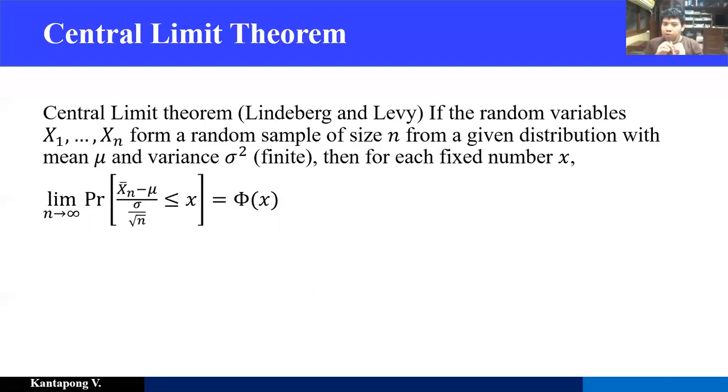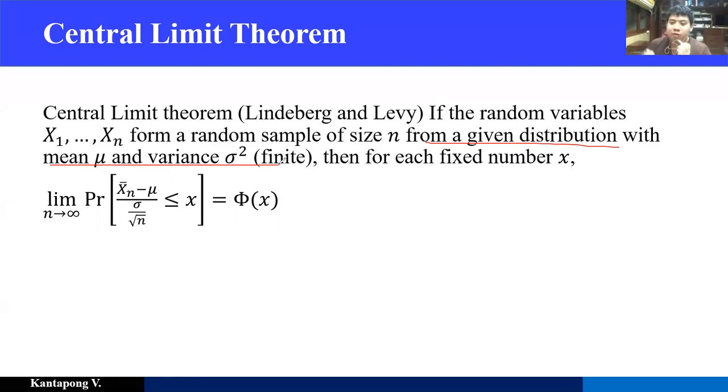If the random variables X1 up to Xn form a random sample of size n from a given distribution, any distribution is fine. It doesn't say that it's going to be normal, just that the mean mu and variance sigma square are going to be finite.